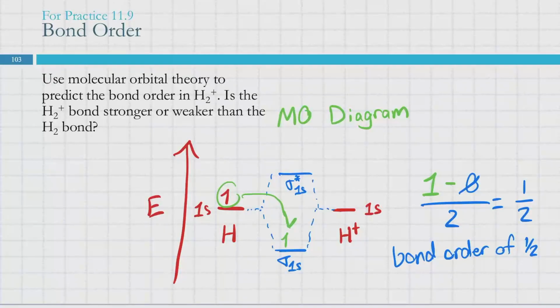Is that stronger or weaker than H2? H2 had a bond order of 1. It's weaker.